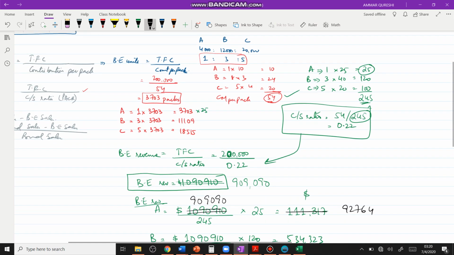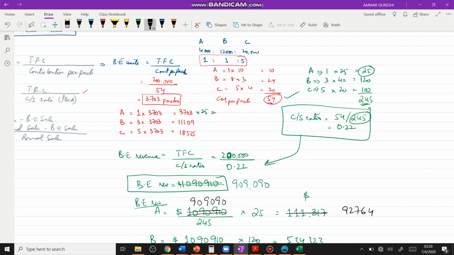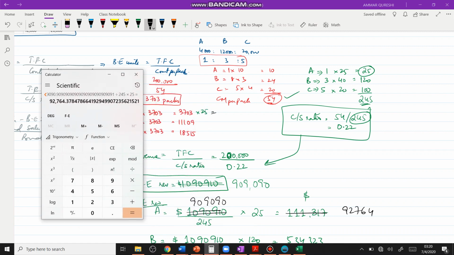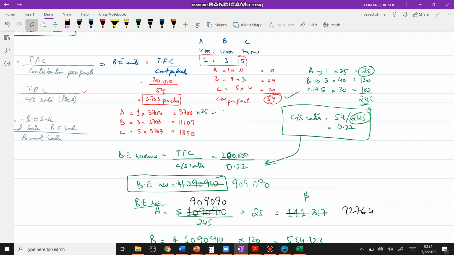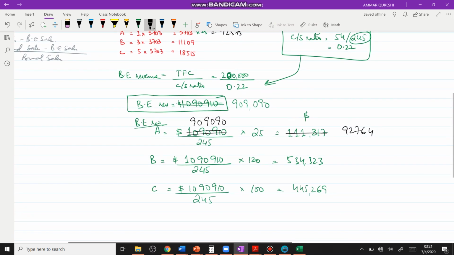So this is basically the same contribution which we generated here. 3703 times 25 is 92575, right? So it's approximately the same. It's not a big deal. The only problem is that we divided 240,000, that's why there's a difference.